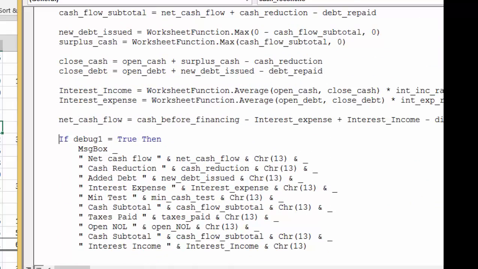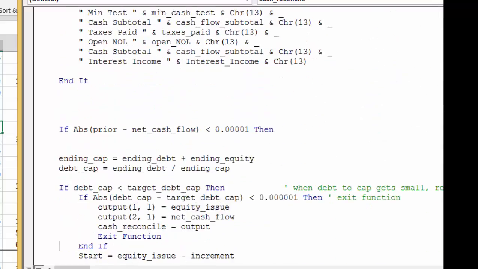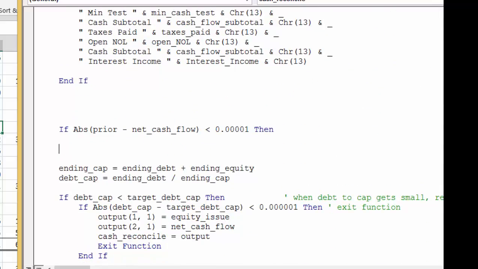Now the good news is that we have the ending debt. Net cash flow is, and somewhere we have the new debt issued. Did we even compute? We didn't compute the closing debt, but it's going to be the ending debt equal opening debt.